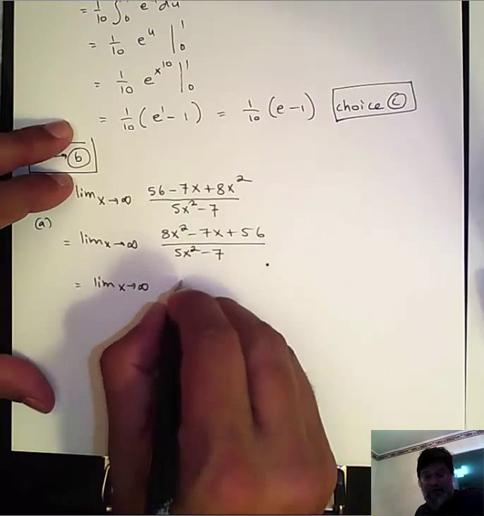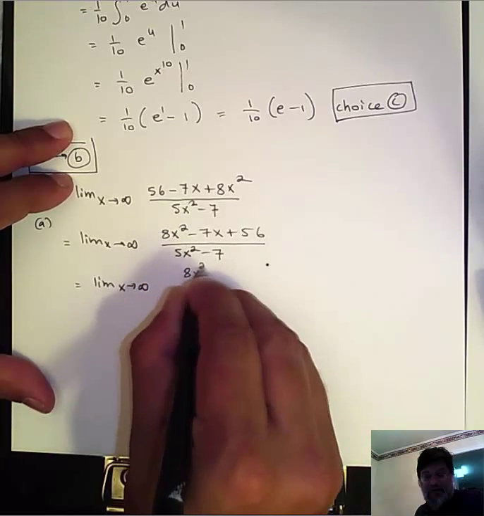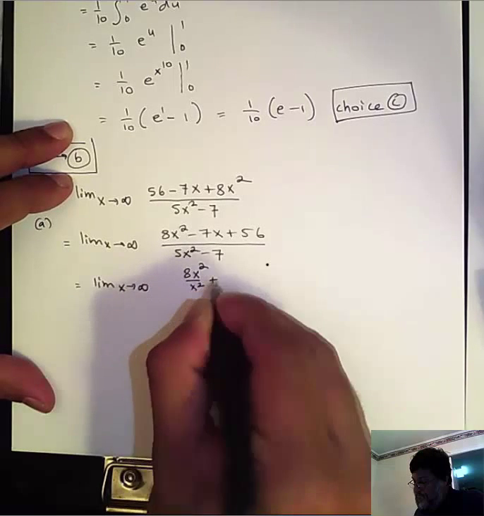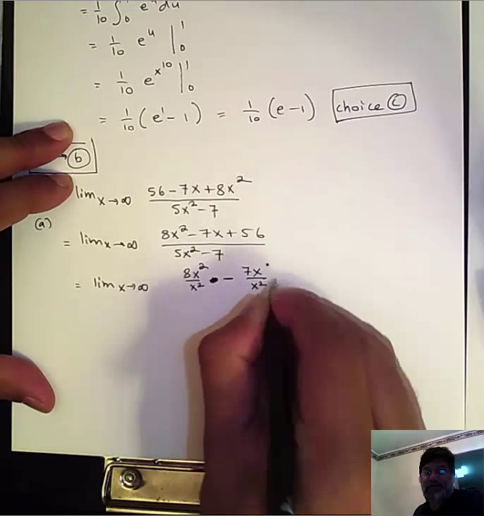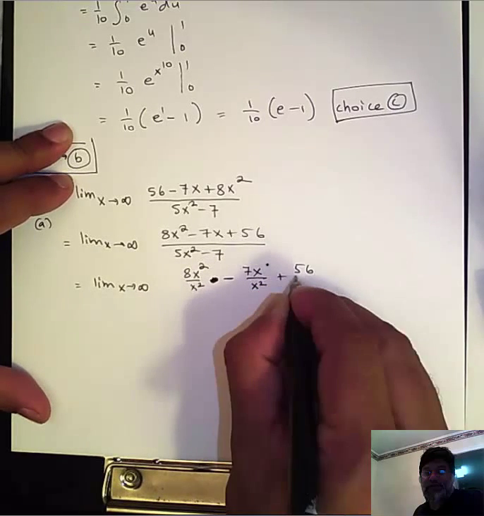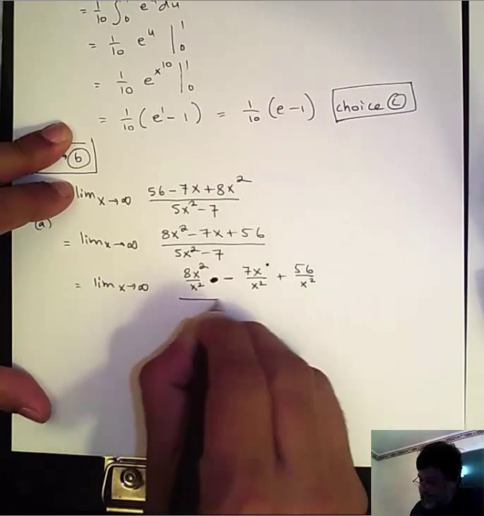The highest exponent is x squared. So divide everything by x squared in the numerator and denominator.